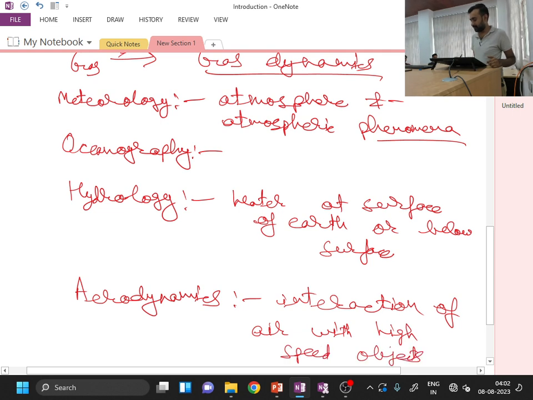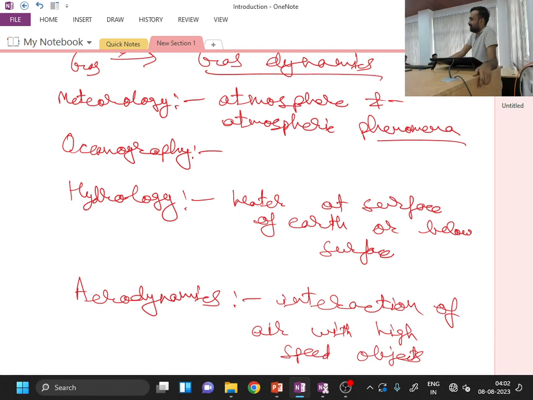Particularly over here, I can refer to the specific term atmospheric. So its interaction with aeroplanes, with rockets, with space shuttles, etc. Here important concepts will be coming: formation of lift, drag for controlling these objects, etc. So that comes under the categorization of aerodynamics.